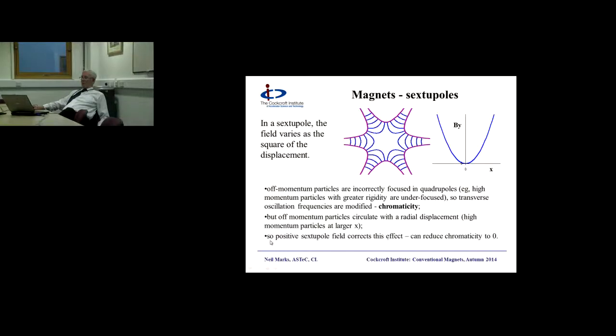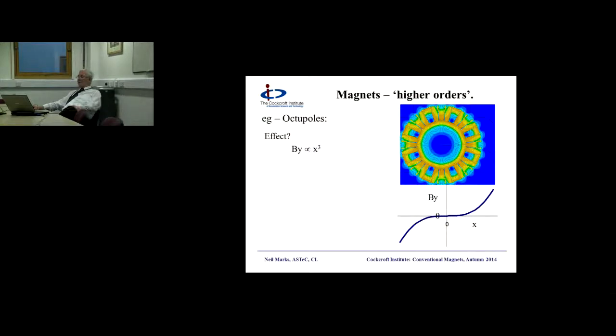So it will be possible to reduce the chromaticity to zero by the right value of sextupoles in the right position in the lattice. I'm not going to say any more about that. Again, this is a matter for the lattice lectures. But chromaticity is a vital part of the design of an accelerator lattice, and sextupoles are a major feature of that.